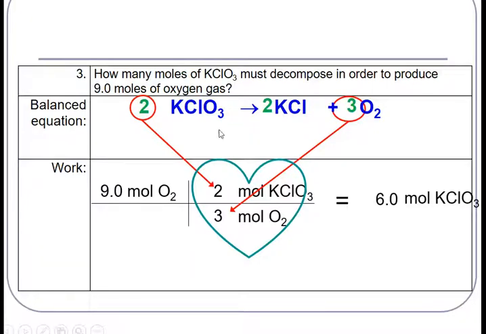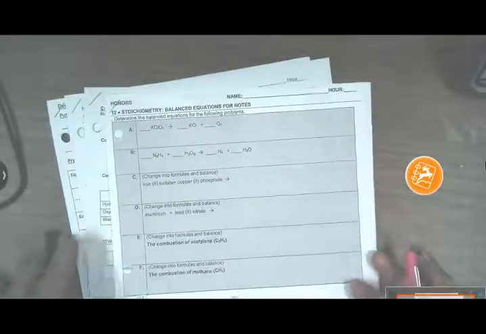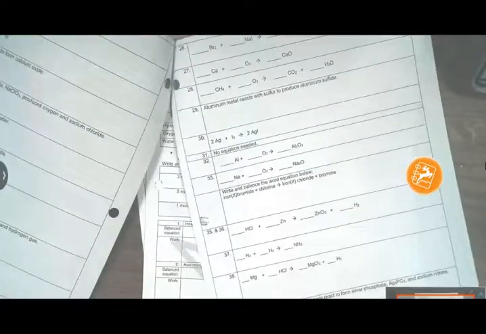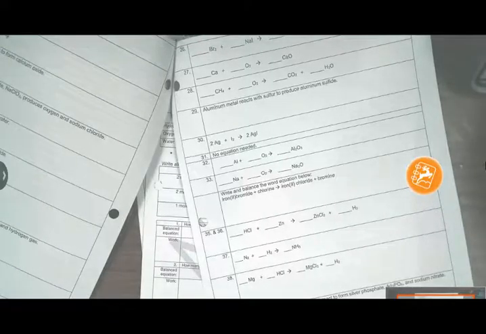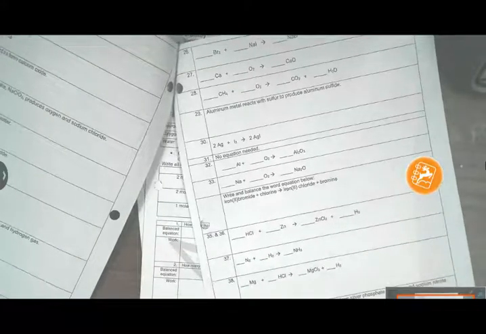Now what we're going to do is look at what your homework is. Okay, so your homework is to make sure that you finish balancing equations, first page, front and back. This third page won't be due until 8 a.m. on Wednesday. So if you have extra time, you can definitely work on that.